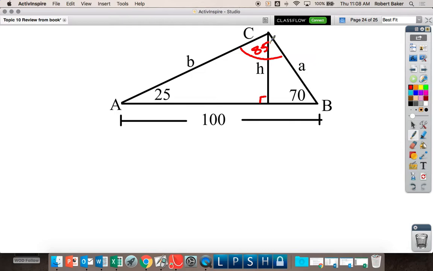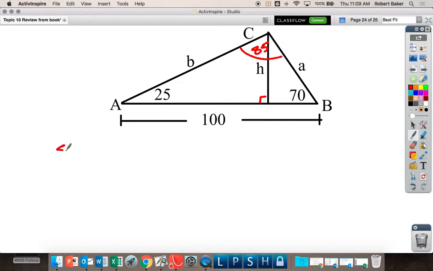So what's the stumbling block here? Solve for A. Okay, you can solve for A, you can solve for B. Either is a good option. Pick one. A. So if I'm going to solve for A, I have 3 angles in a triangle and I have one side length.